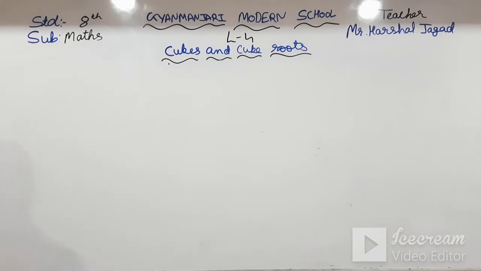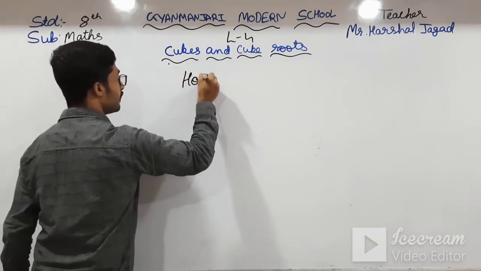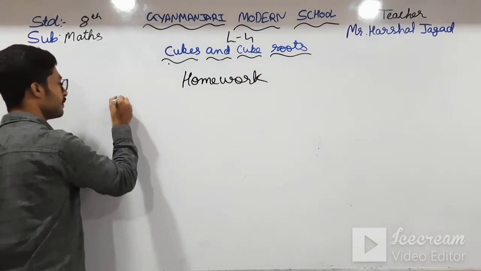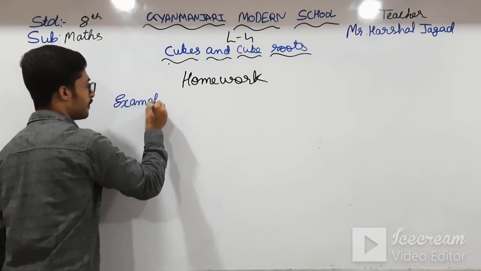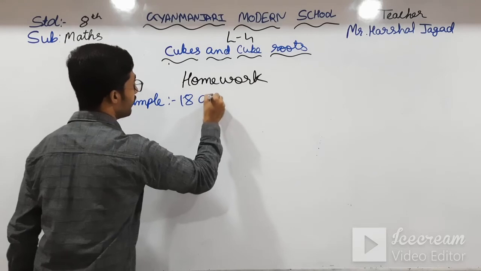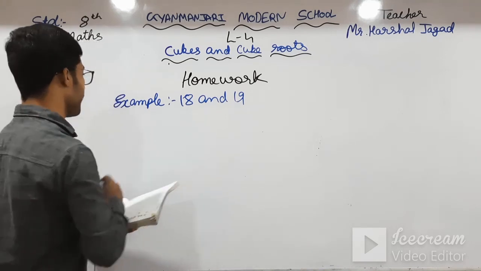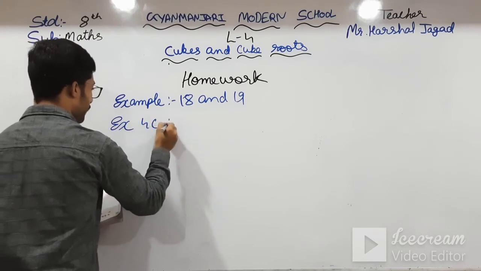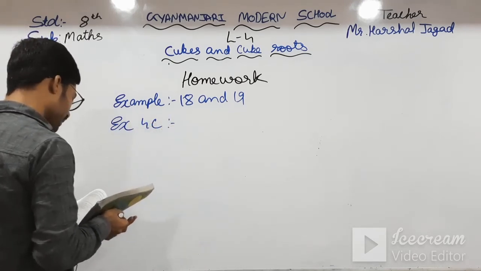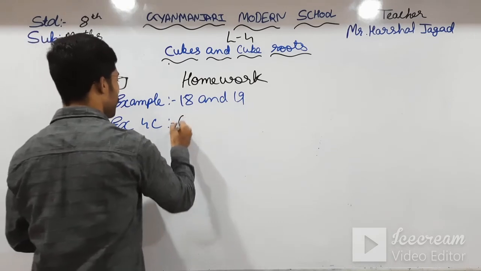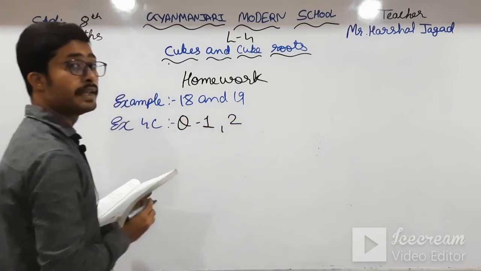Your today's homework is example 18 and 19 in the example book, and from exercise 4C you have to write down question number 1, 2 in your fair book.